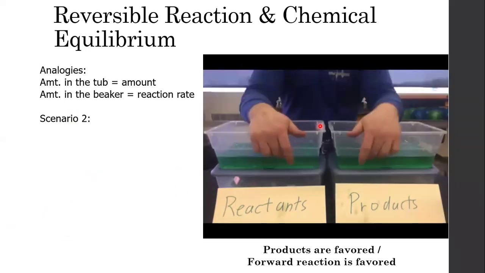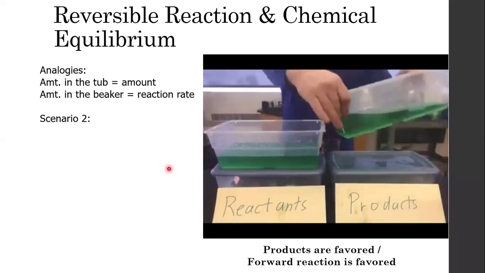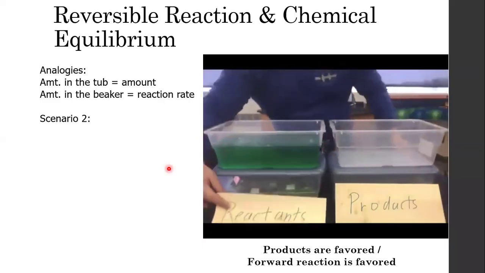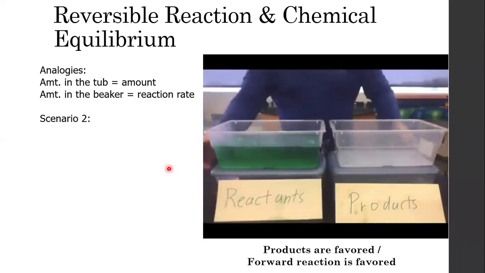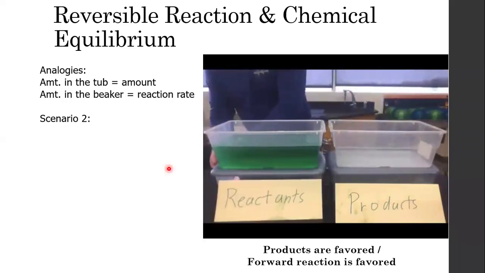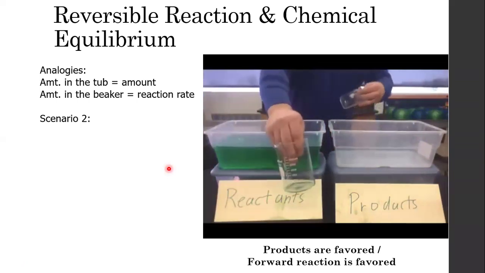Okay, let's go to the second analogy, or second scenario rather. So the man will be returning the water to the reactant side. And now he'll be using two different sizes of beakers.